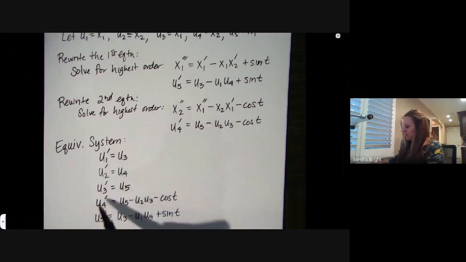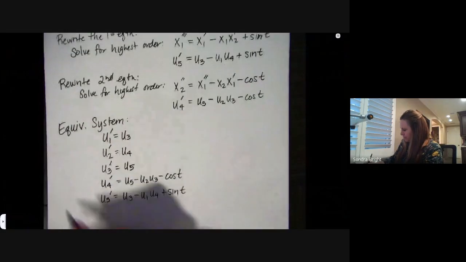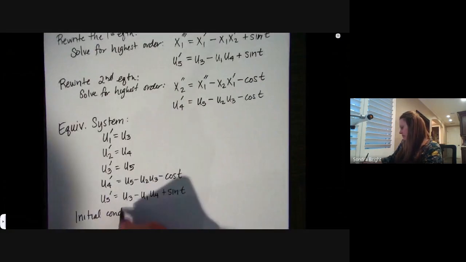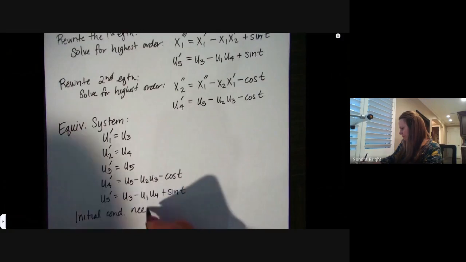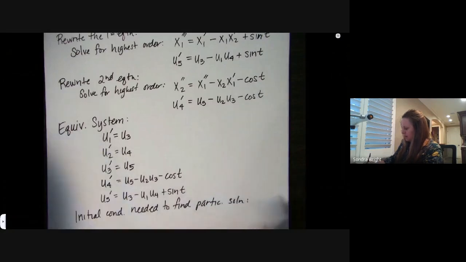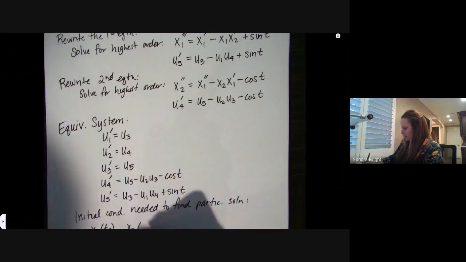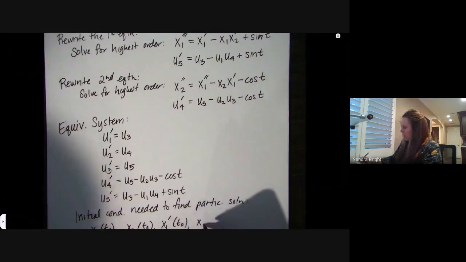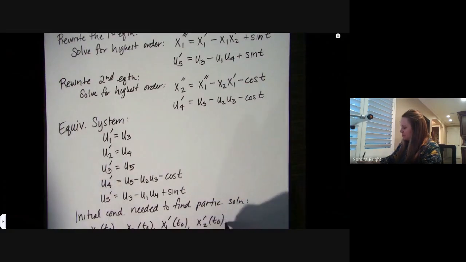What are the initial conditions needed? The initial conditions needed to find a particular solution would be, we would need x1 of t naught, you would need x2 of t naught, you would need x1 prime of t naught, you would need x2 prime of t naught, and you would need the second derivative on x1.